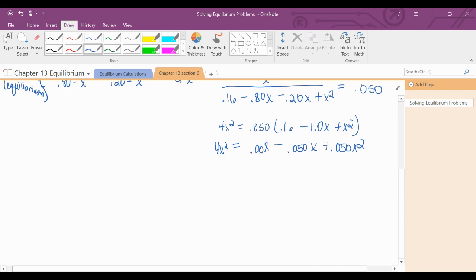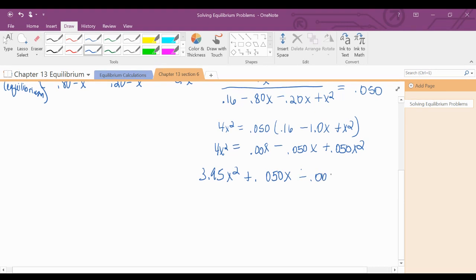Now if we're going to use the quadratic, then we want to set all this equal to 0, so we're going to have to move that over so everything's on one side. Okay, so I get 3.95X squared plus 0.050X minus 0.008.